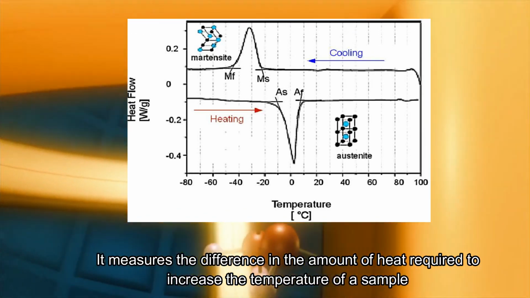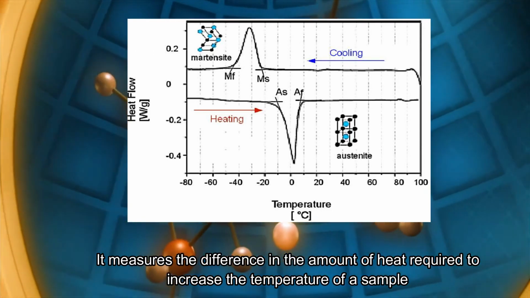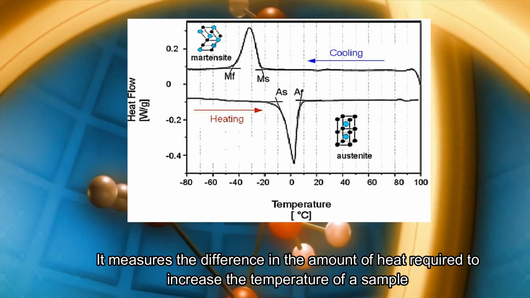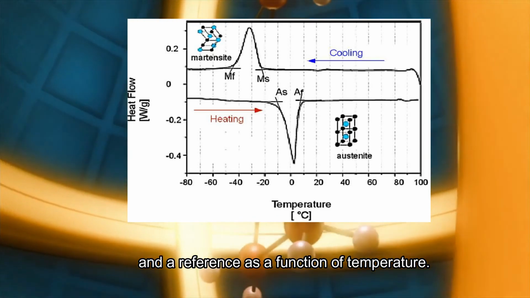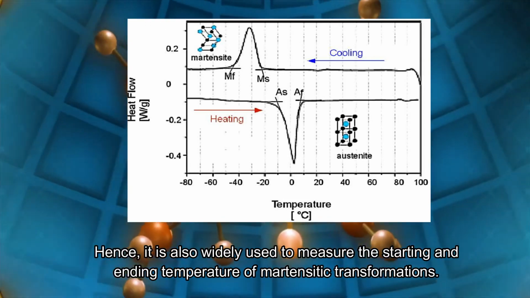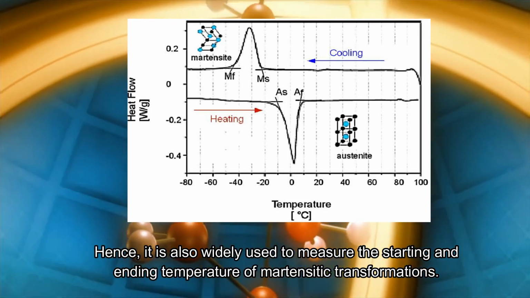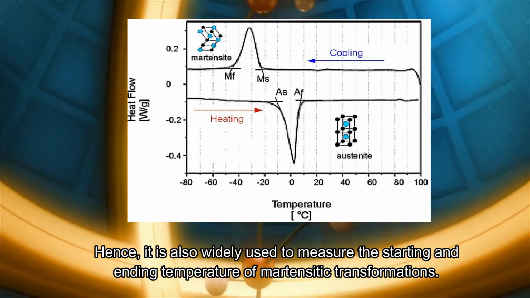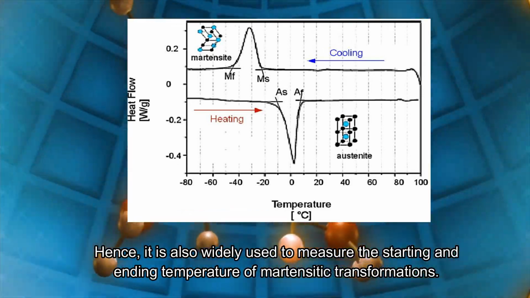It measures the difference in the amount of heat required to increase the temperature of a sample and a reference as a function of temperature. Hence, it is also widely used to measure the starting and ending temperatures of multi-stage transformations.